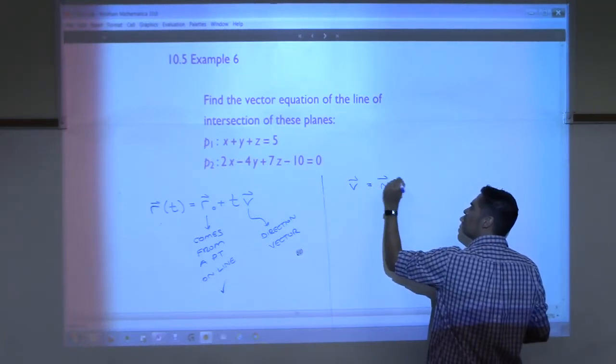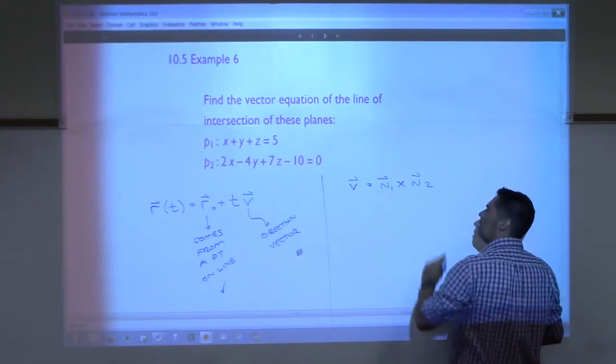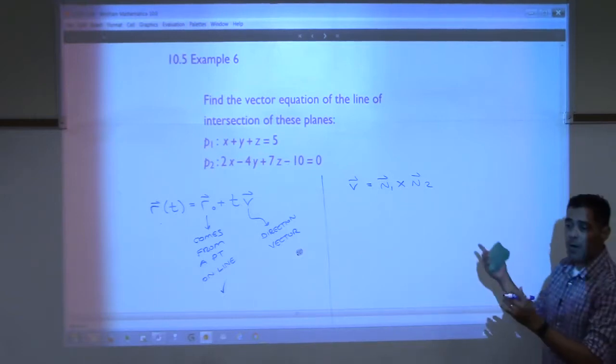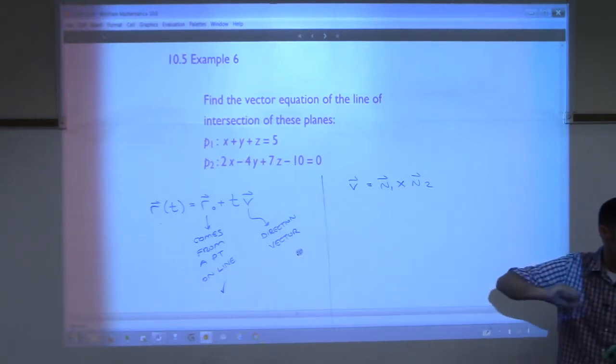The normals of each of the planes, right? I'm going to cross the normals of the planes. Each plane has a normal vector. I'm going to cross it. That'll give me a vector that's perpendicular to both, but that happens to lie in the same direction as the line.